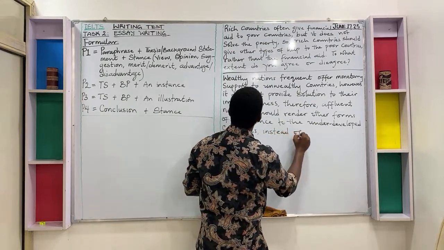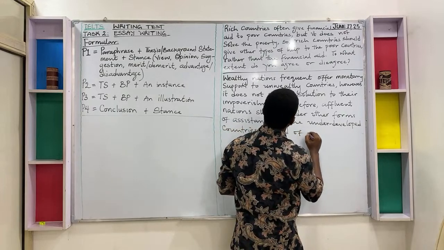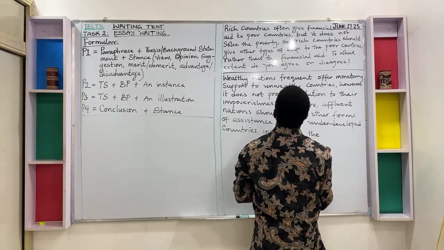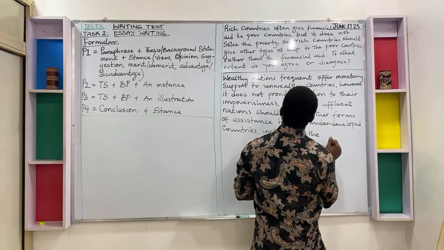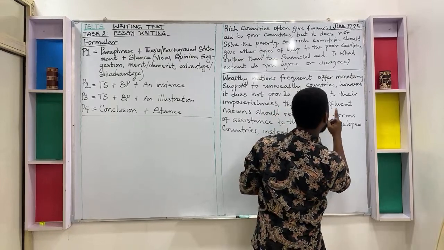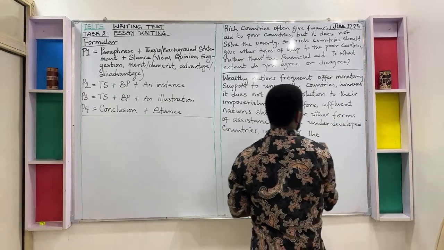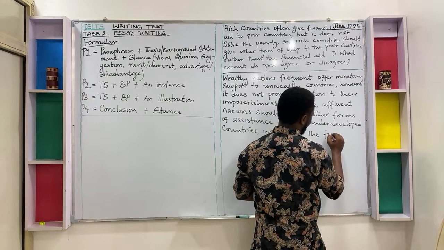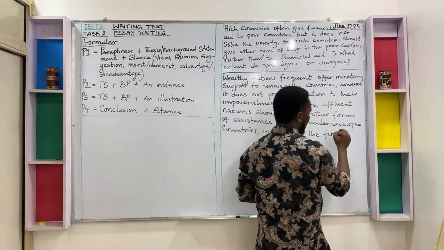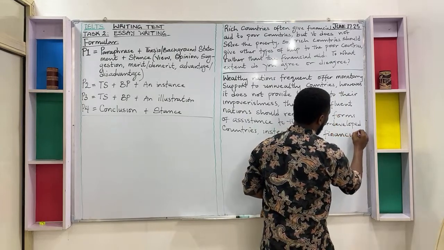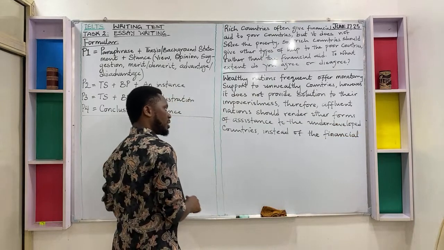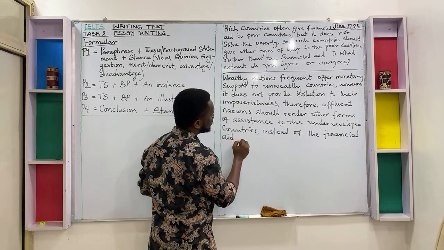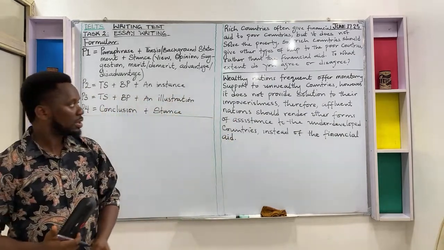Instead of the... I've used monetary, right? Okay. Instead of the, let's still retain financial, since we have not used it anywhere here, right? Instead of the financial what? Instead of the financial support, we have used support before. All right. So this is the paraphrase.